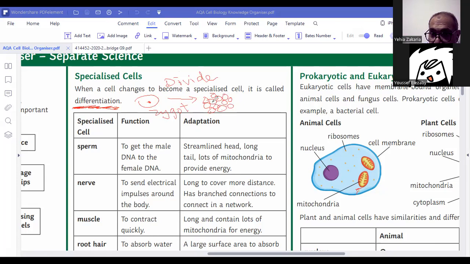By time, this mass of cells will differentiate: some cells become the nervous system, some become muscles, bones, your eyes, your hair, the digestive system, circulatory system, heart and vessels, and some become lungs. This is what is meant by differentiation.